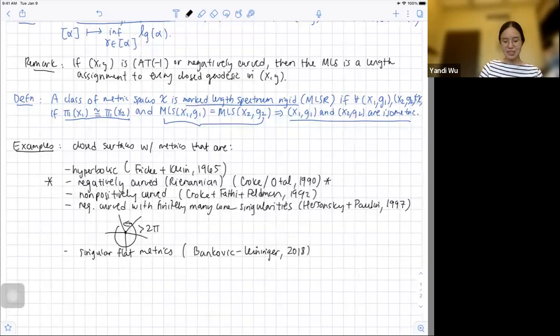And then I wanted to point out the most general result that I know of, which is very similar. Dave Constantine proved marked length spectrum rigidity for surfaces with non-positively curved metrics with finitely many cone singularities.